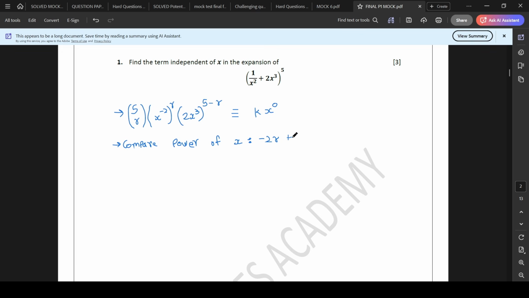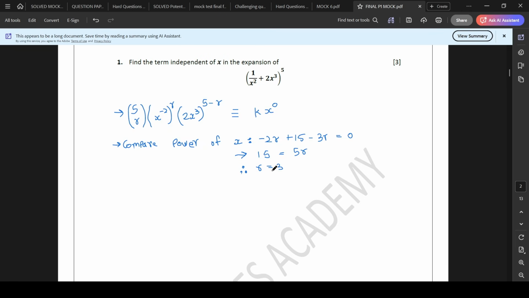So plus 15 minus 3r, and on the right hand side the power is 0, so I'll just say that it is equal to 0. I'll try to solve for r over here, so 15 is equal to 5r, therefore r is equal to 3.